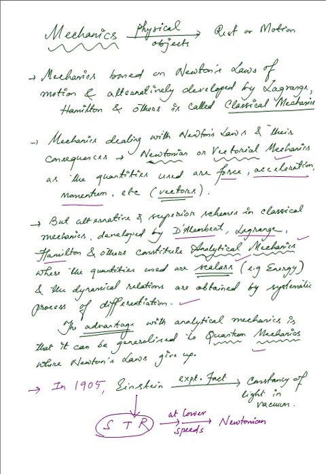Now, classical mechanics is often found to be inadequate to describe the behavior of particles of microscopic size, such as electrons present in atoms and nuclear particles, etc. For the description of small scale phenomena in atomic and nuclear physics, we have quantum mechanics, which, when applied to large bodies, gives the results obtained in classical mechanics.